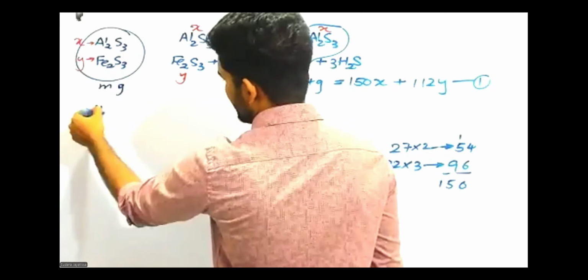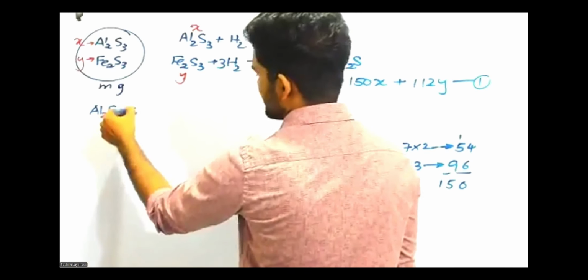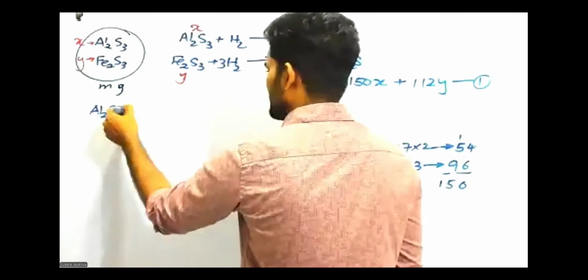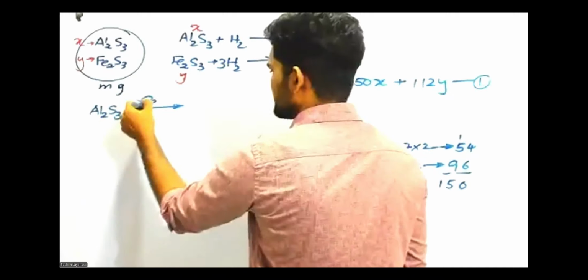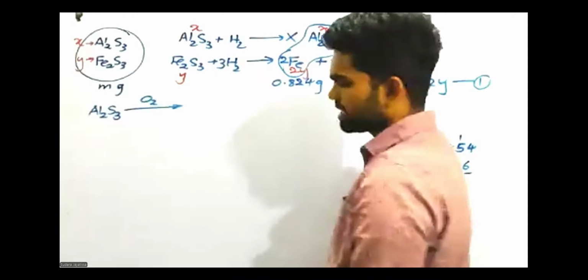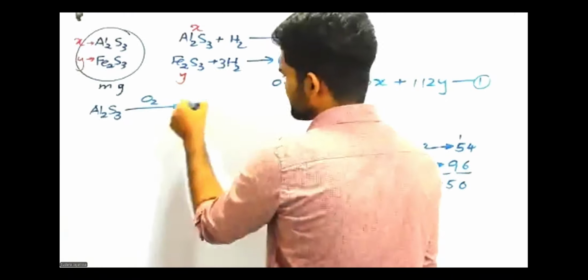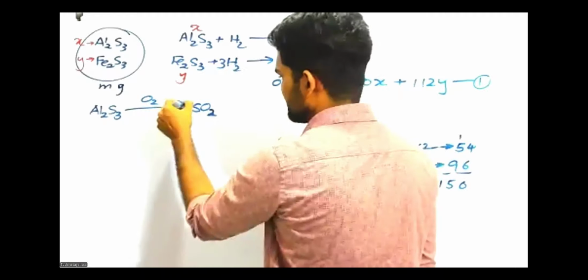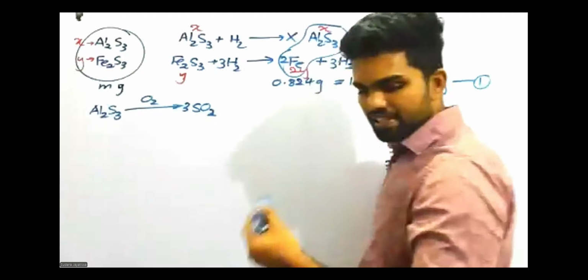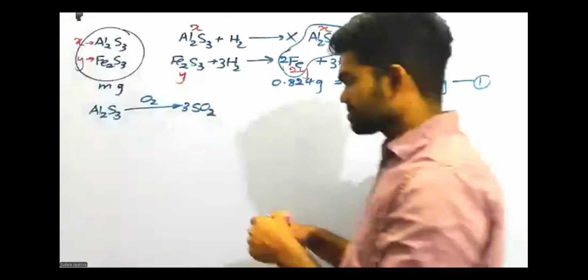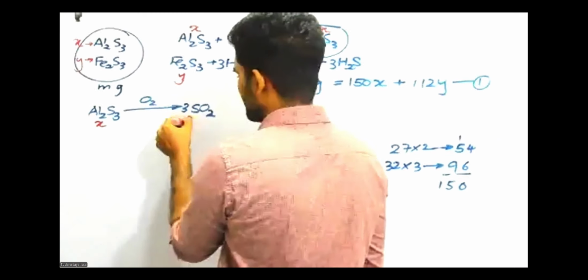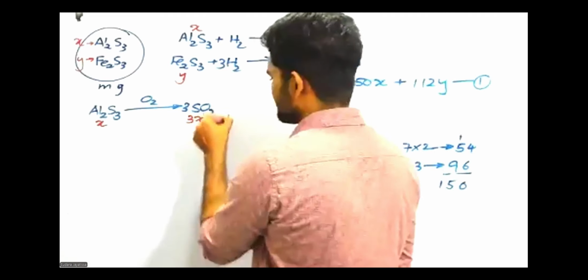We have Al2S3 reacting with O2. Since you are not balancing it, I write oxygen on top of the arrow. It converts to SO2, giving 3 SO2 because there are 3 sulfur atoms. So if you had x moles, you will get 3x moles.